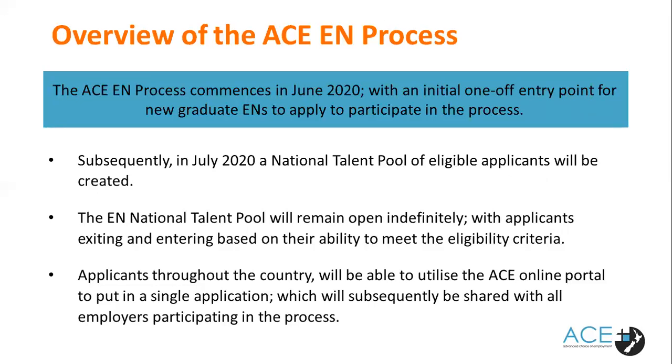This EN National Talent Pool will remain open indefinitely, with applicants being able to exit or enter the talent pool based on their ability to meet the eligibility criteria, which was mentioned in the previous slide. Applicants throughout the country will be able to use the ACE online portal to put in a single application, and this will be shared with all the employers that will be participating in the process.